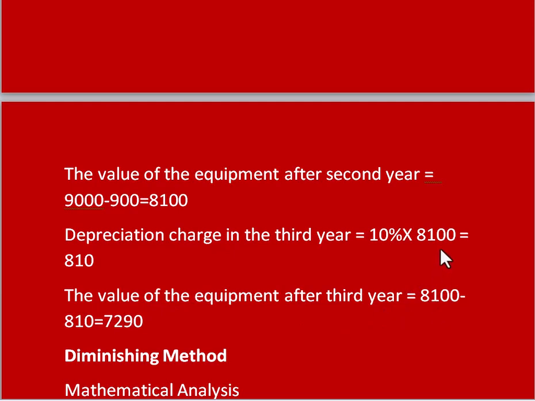So before the third year, the value of the equipment is 8,100, and the depreciation charge calculated in the third year is 810. So 8,100 minus 810 rupees is 7,290 rupees. In this method, the depreciation charge goes on reducing year by year, and reaches the minimum value by the time it reaches its useful lifetime.